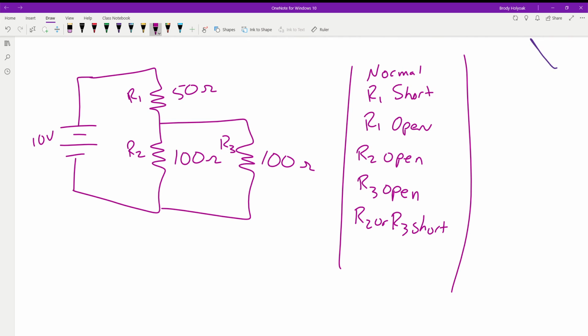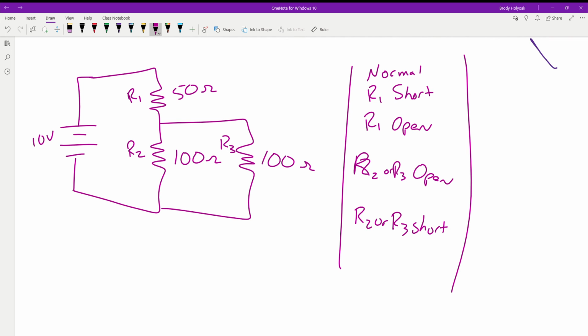So in that case, there you go. There's another one. Because we have those same values, if either one's open, we're going to get the same values. So we could swap this down even farther. Now we have 5 conditions, 4 failure modes, and 1 normal mode.